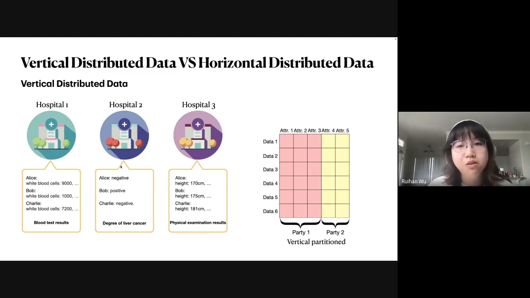The second hospital may have the most experienced doctors with the most advanced instrument for the liver, so people will go there to get a diagnosis to see if they have liver cancer or not. So this hospital has the most information on liver cancer, and the third hospital may be responsible for the physical examination, so they collect all these results for the patients.